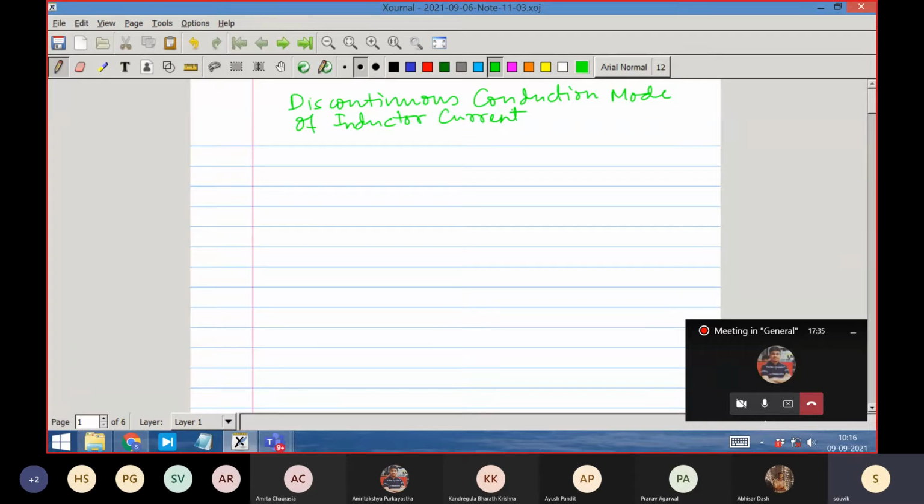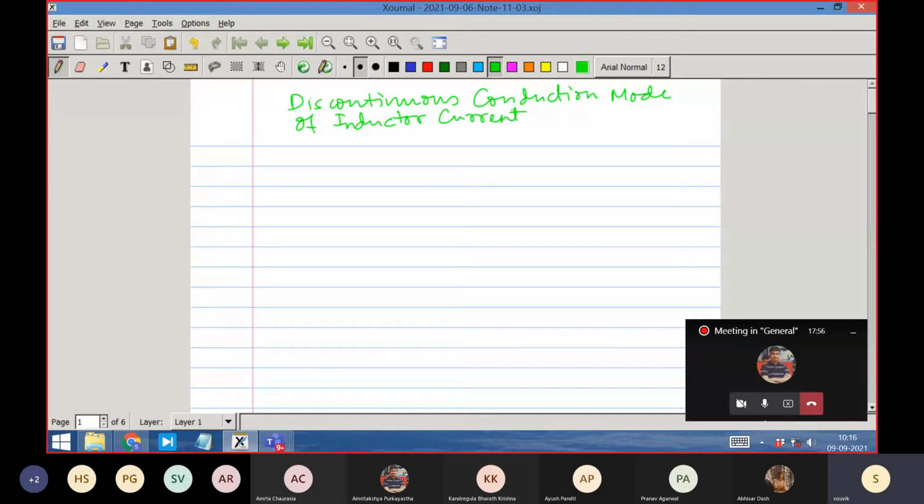But the energy storage element, one of them is inductor current, because capacitor voltage we cannot afford to have discontinuity, because capacitor voltage is what the output requires, what the load requires. But we can afford discontinuity in inductor current.